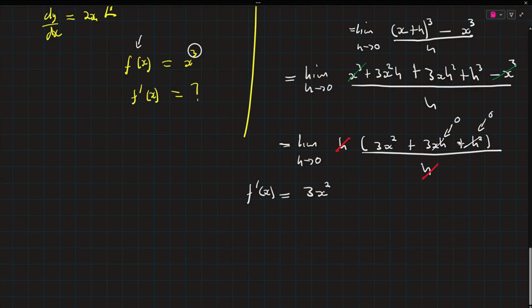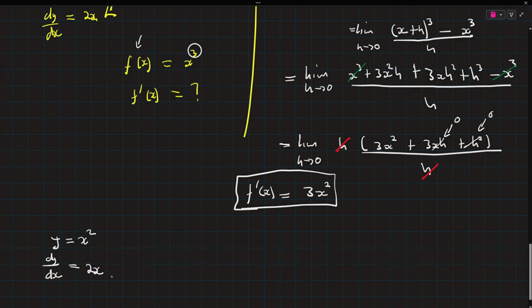Look carefully. If we look carefully, we want to analyze the results of the first principle. This is what gives birth to what we call the power rule. At first, we had y equals x squared, and our dy on dx was equal to 2x. And now we have f of x equals x cubed, and our f prime of x is equal to 3x squared.